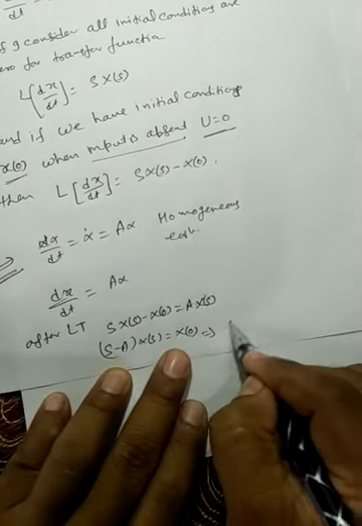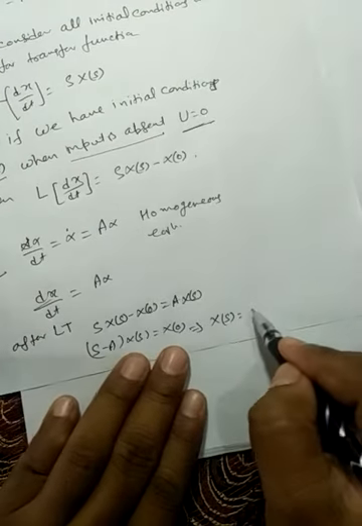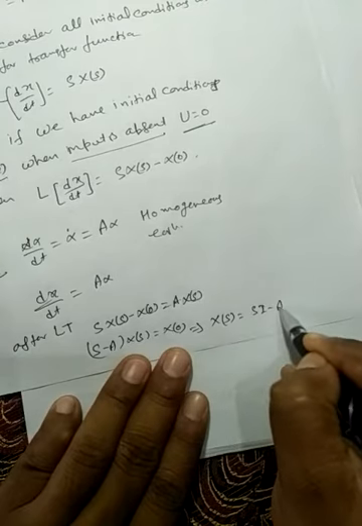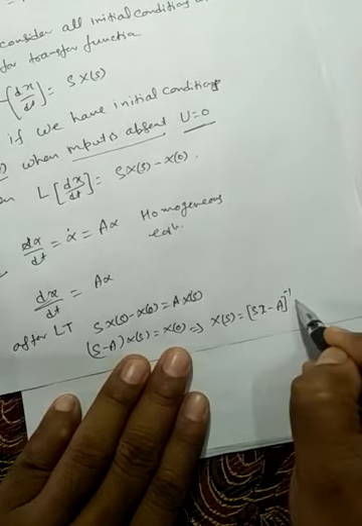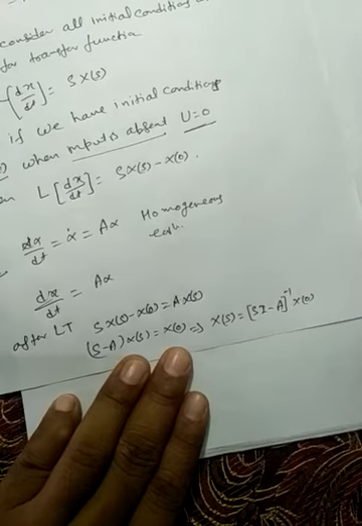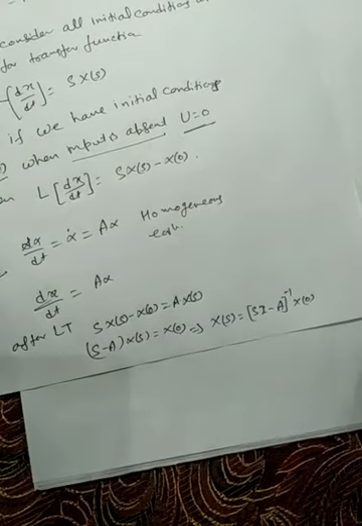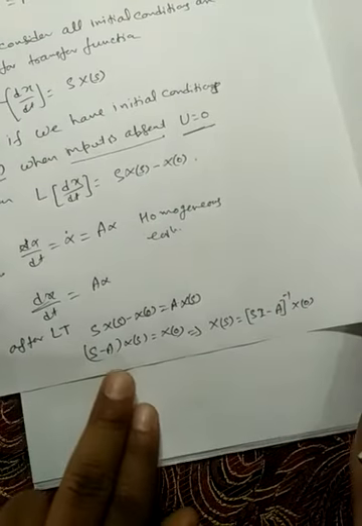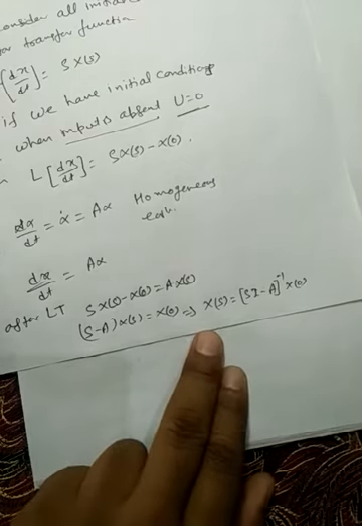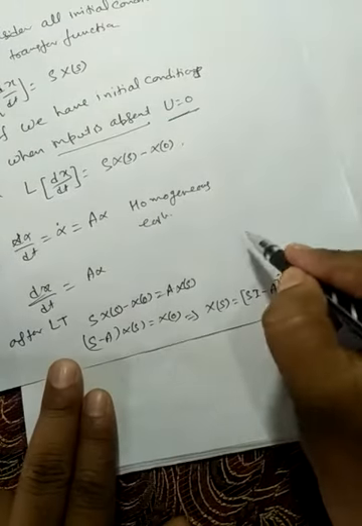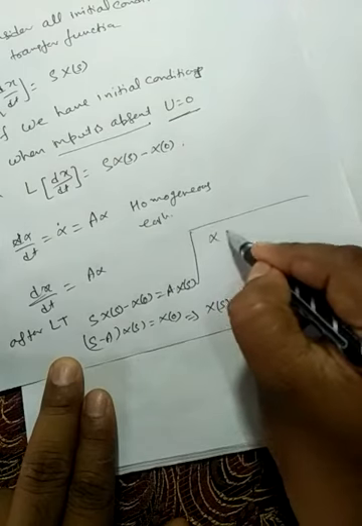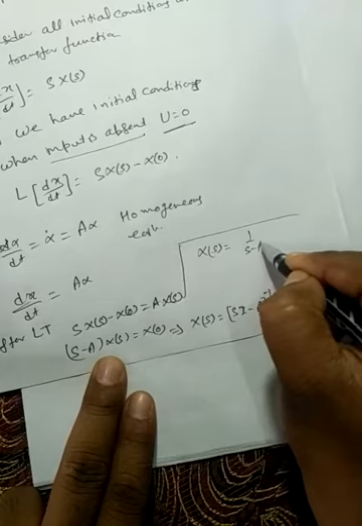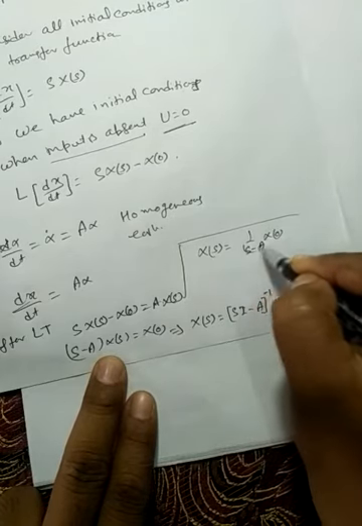So X(s) is equal to, if A is a matrix, (sI minus A) inverse x naught; if it's considered as an element a, then X(s) is 1 over s minus a times x naught.